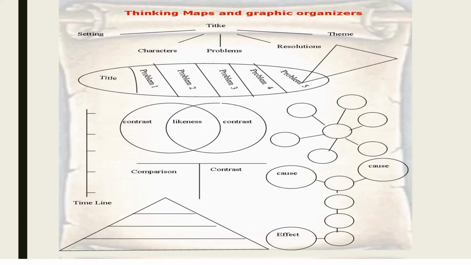For identifying cause and effect, we can have the bubbles. And then also the clustering of terms. Then you can use clusters of bubbles. And there are still so many graphic organizers that you can look around for.